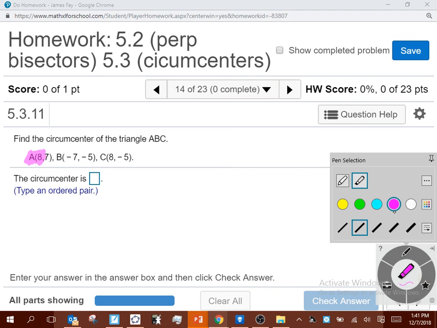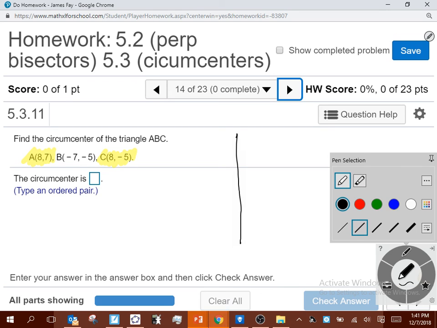If I look at A and C, what is the same in regards to those two points? The x value. So how do those two points align with one another in the coordinate plane? They don't touch unless they're the same point. They're on the same vertical line, one on top of the other.